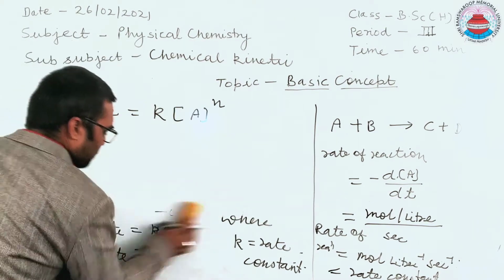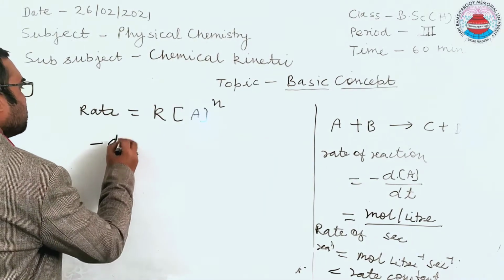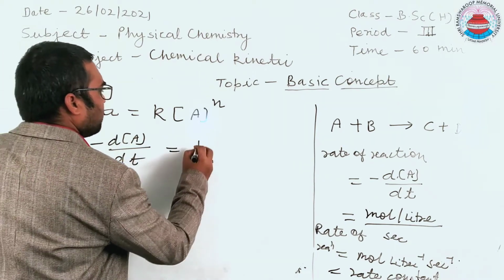We can see the first order reaction: minus dA upon dt equal to Ka.